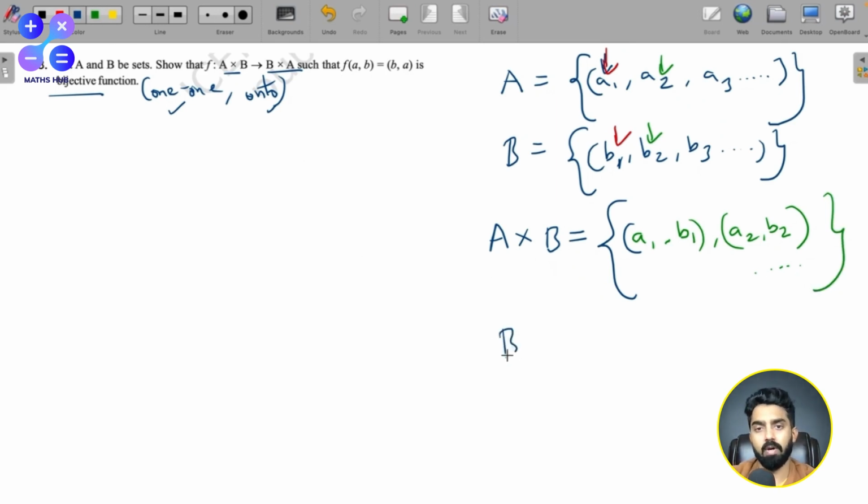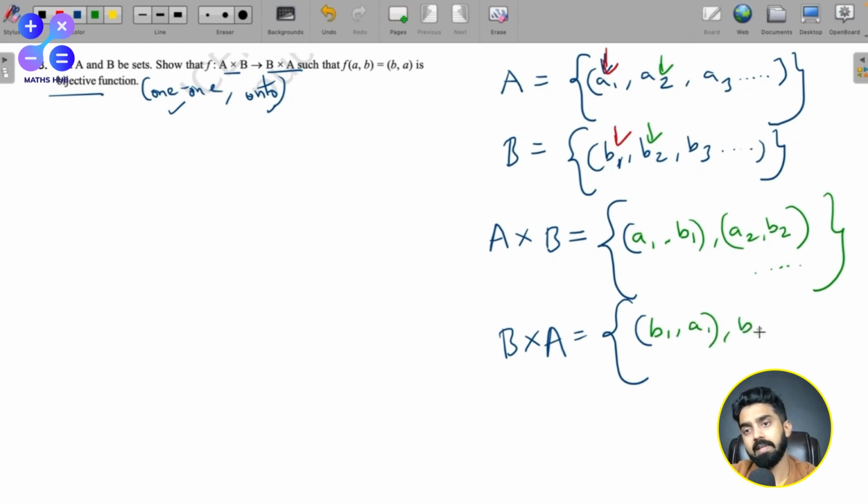And B cross A would be what? Exactly the opposite, right? Exactly the opposite does not mean the entire reverse of the sets, but in the same ordered pair, you will have the element from B first and then the element from A. So you'll have B1 comma A1 as the first element and B2 comma A2 as the second element, and so on. Now, keeping this in mind, let's try to solve this question.